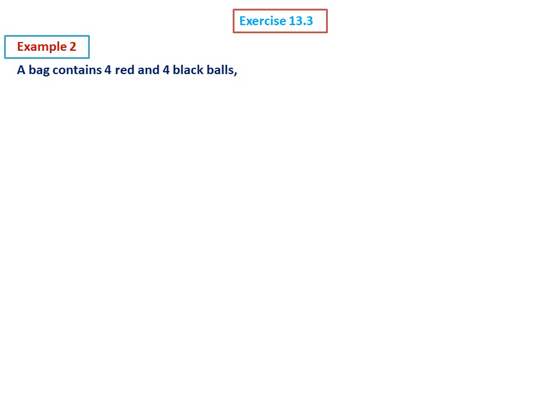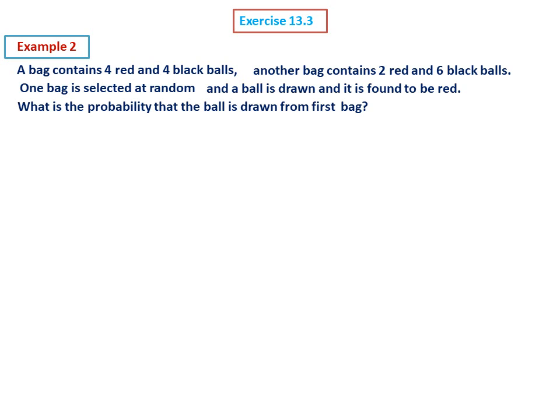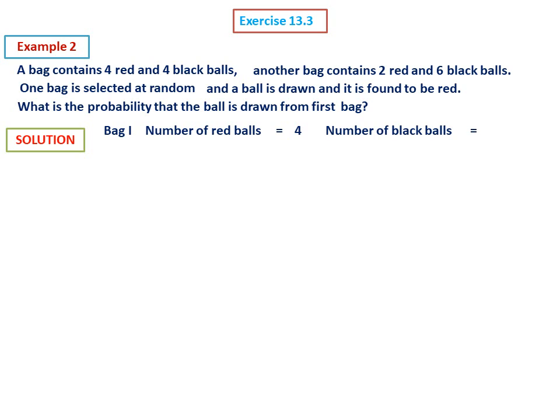A bag contains 4 red and 4 black balls. Another bag contains 2 red and 6 black balls. One bag is selected at random and a ball is drawn and it is found to be red. What is the probability that the ball drawn is from the first bag? So let us write bag 1, number of red balls 4 and number of black balls 4.